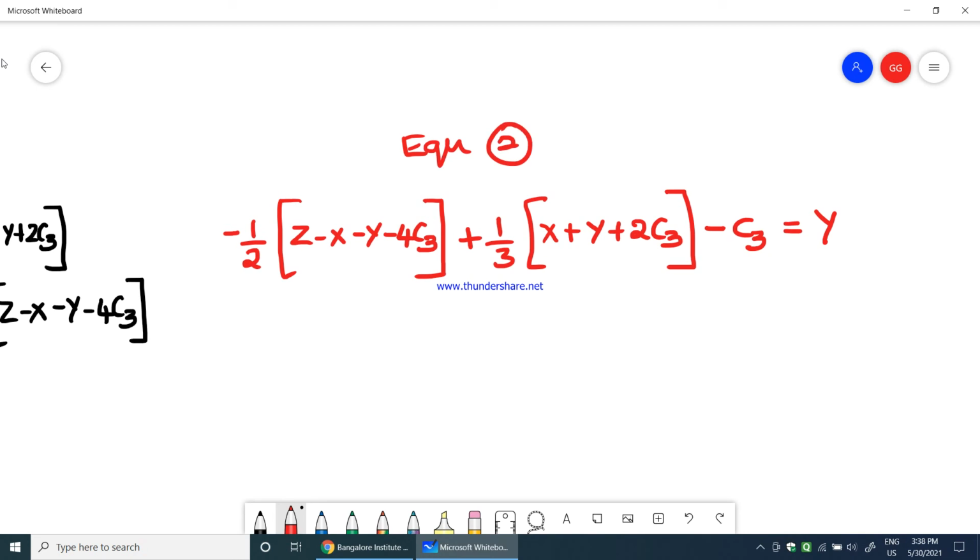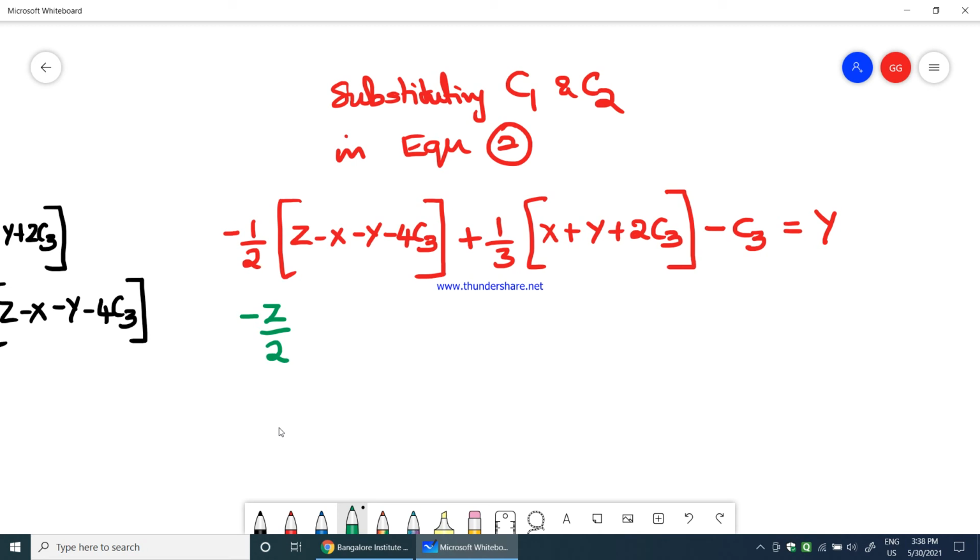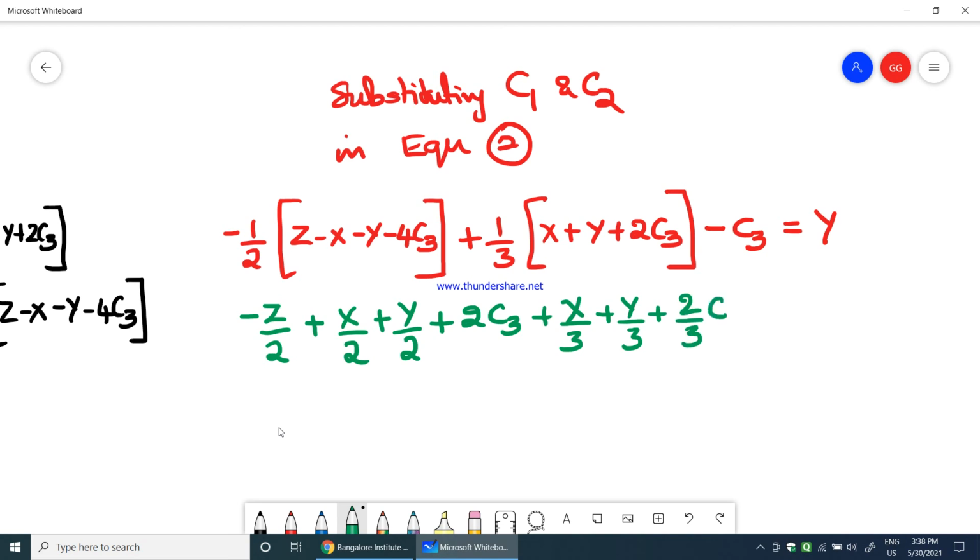So substituting C1 and C2 in equation 2, I'll get minus z by 2, minus of minus, plus x by 2 plus y by 2 plus 2 twos are 4, so 2C3, plus x by 3 plus y by 3 plus 2 by 3 C3 minus C3 equals y.